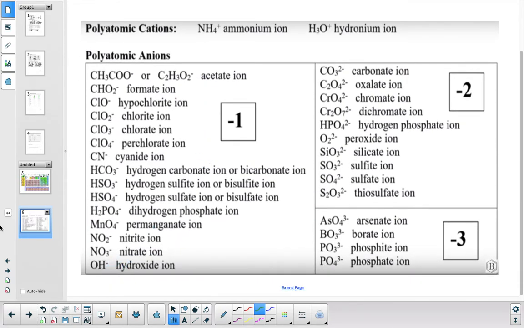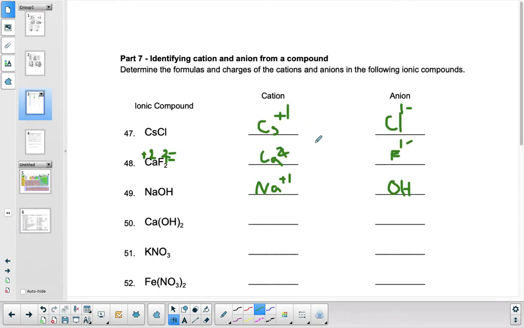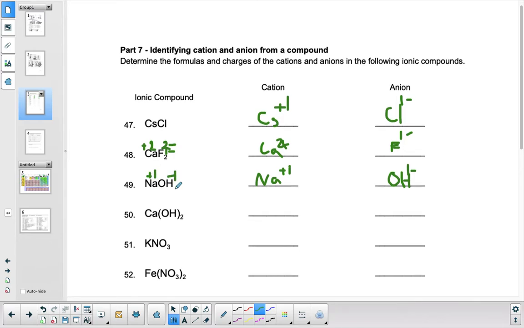Hydroxide right here is in the -1 box. We can also see, the other way around, that this does check out. Na is +1, OH is -1, perfect.